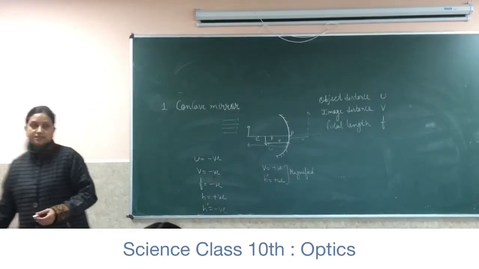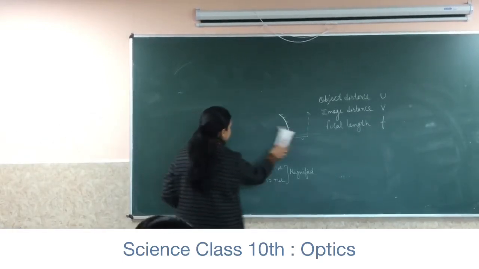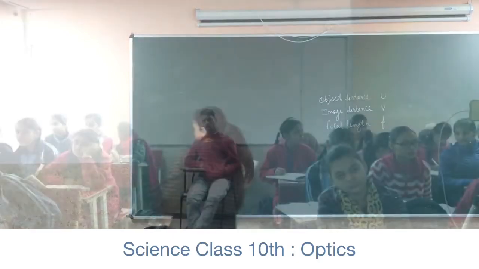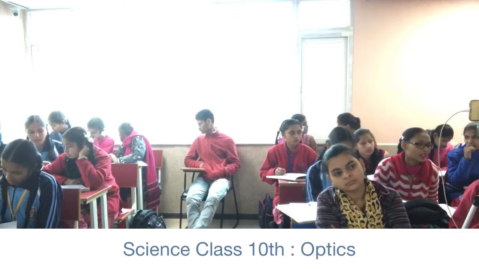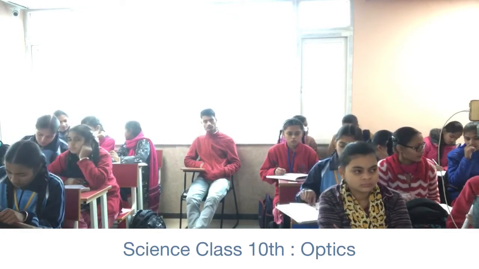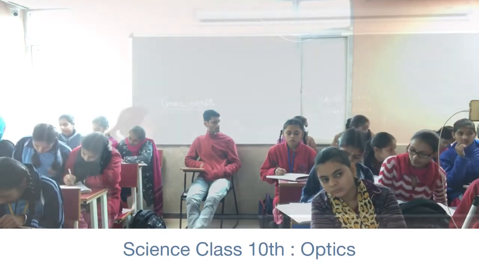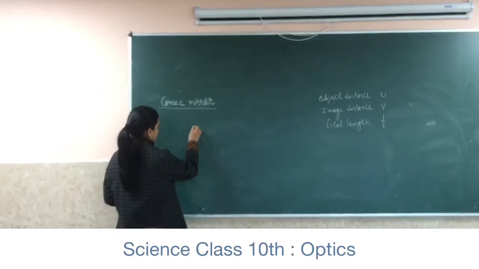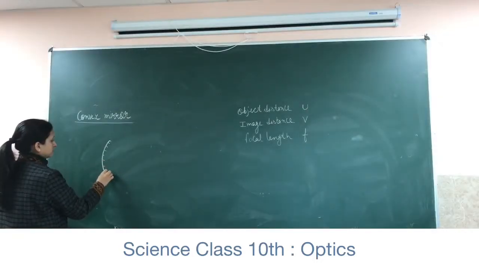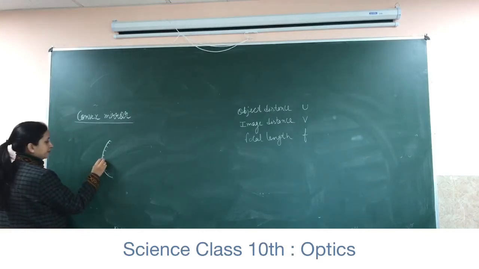Now let's apply these conventions to the convex mirror. Now this is your convex mirror, whose reflecting part is curved outwards. This is the pole of the convex mirror.